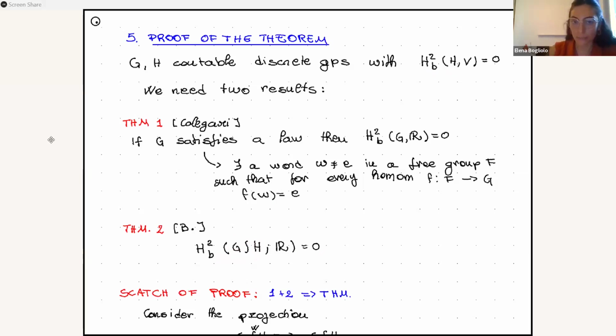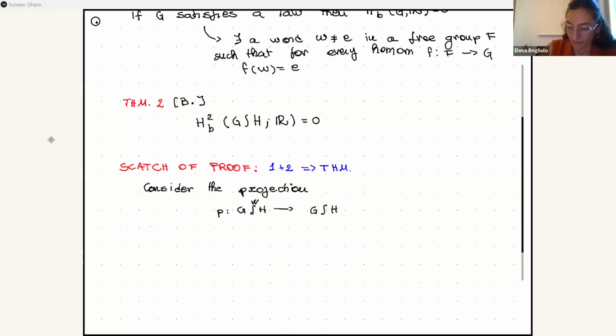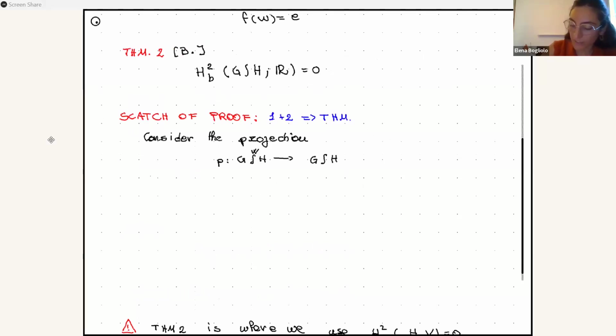Okay, now let's combine theorem 1 and theorem 2 to obtain the main result that we want to show. So the idea is this. Consider the projection from the verbal wreath product to the non-verbal wreath product of G by H. Then one can show that the kernel of the projection has a law.